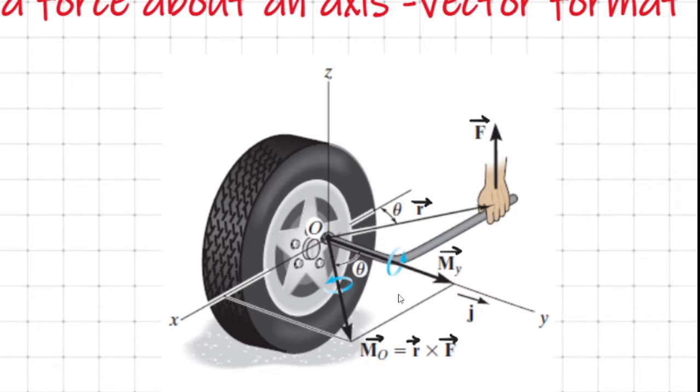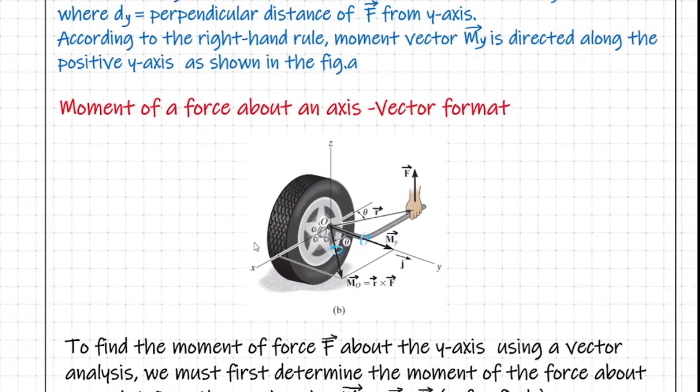Referring to this sketch, we know that in the vectorial format, the moment produced by vector F about the point O, that is the total moment by force vector F at the point O, can be written as vector MO is equal to R cross F.